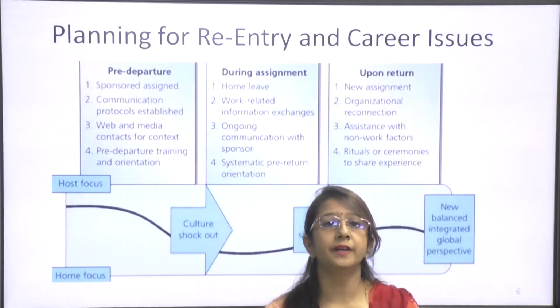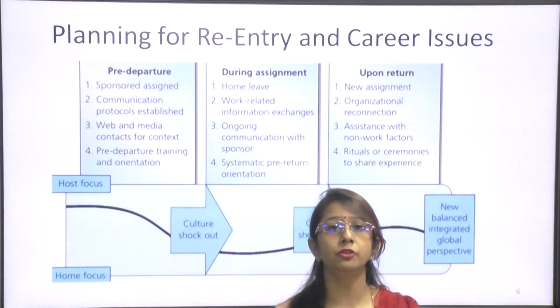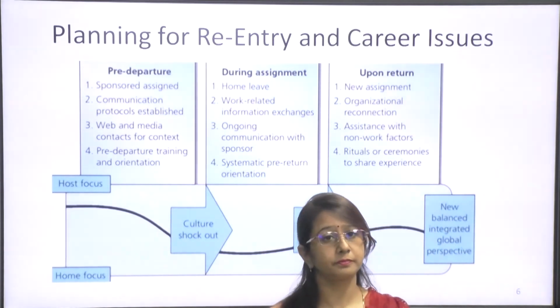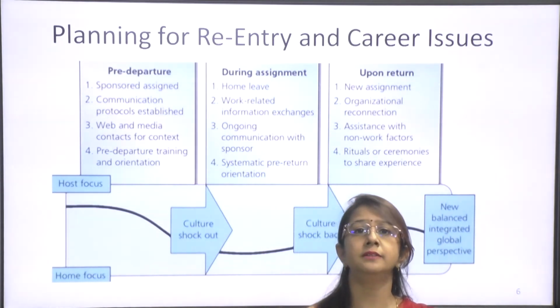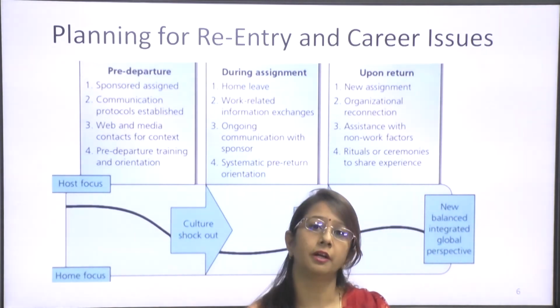Now, planning of re-entry and career issues. Of course, the planning of repatriation will definitely lead to planning of his re-entry in the organization. Re-entry will always be in focus and re-entry will always lead to career issues.